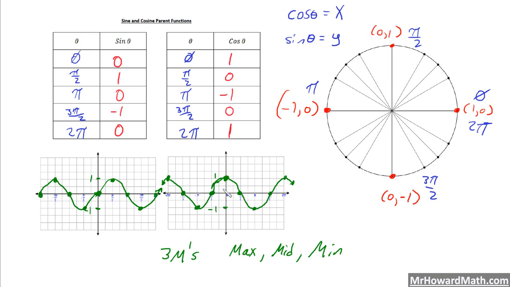Now, if you look at the patterns here, you see on the cosine we start at the max, the middle, the min, the middle, the max, and that would again continue. For now, all we're worried about is filling out at least this much of the table.